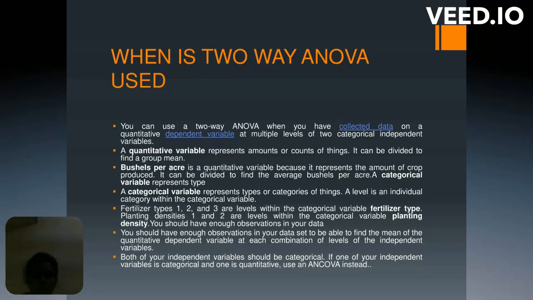Categorized variables represent categories of things, and a level is an individual within the categorized variable. For example, the fertilizer types 1, 2, 3 at different levels are categorized variables. And the independent variables are those which are not dependent variables. So these are the two categories of independent variables which can be categorized, and two-way ANOVA can be used instead of calculating separately.